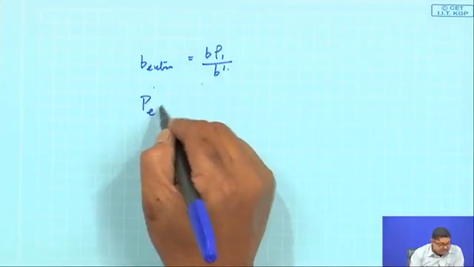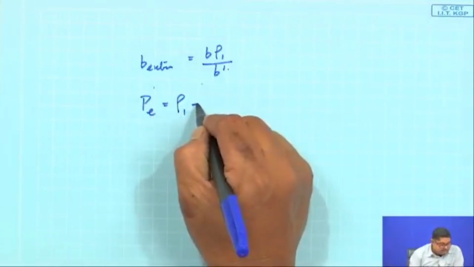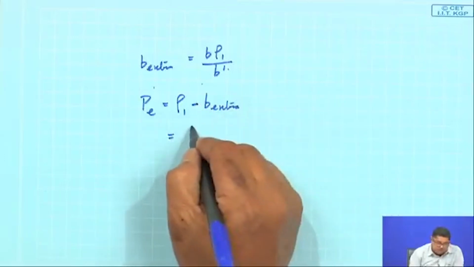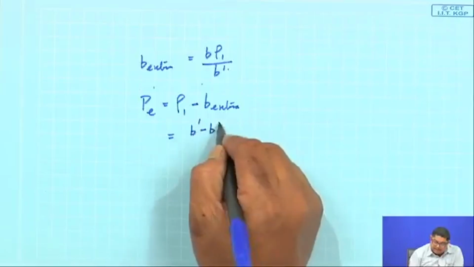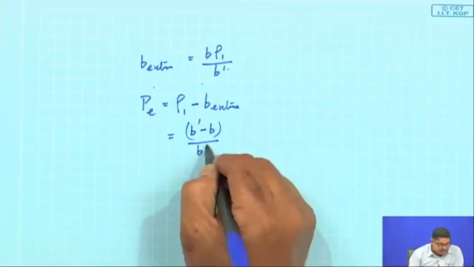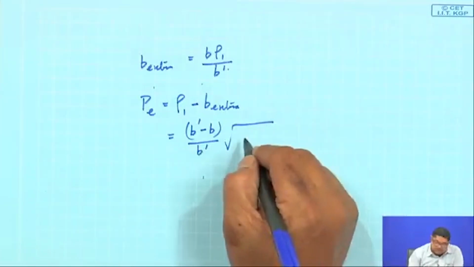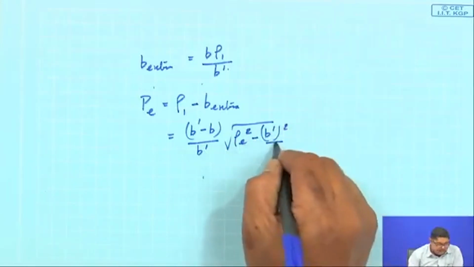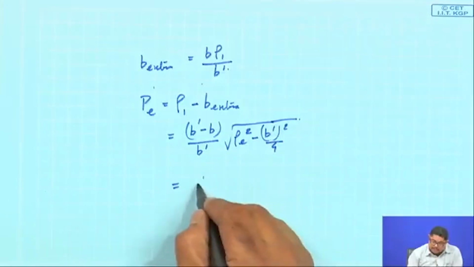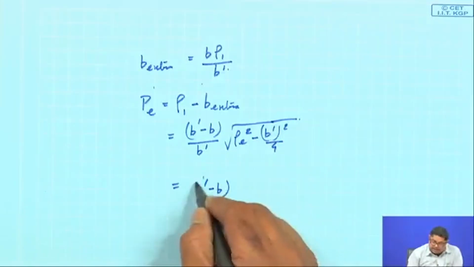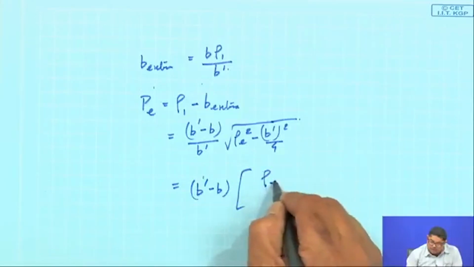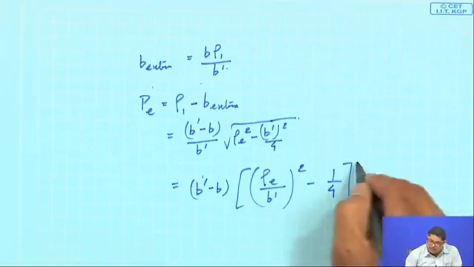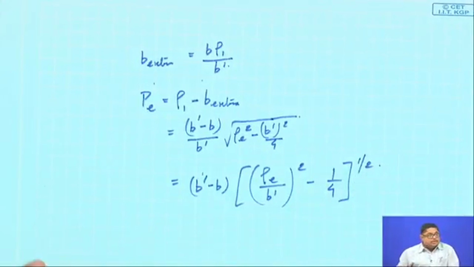So, P becomes rho 1 minus B extra, and that if you do, you get B dashed minus B by B dashed over rho E square minus B dashed square by 4. So, finally, people write it as B dashed minus B times rho E by B dashed square minus 1/4 to the power half.